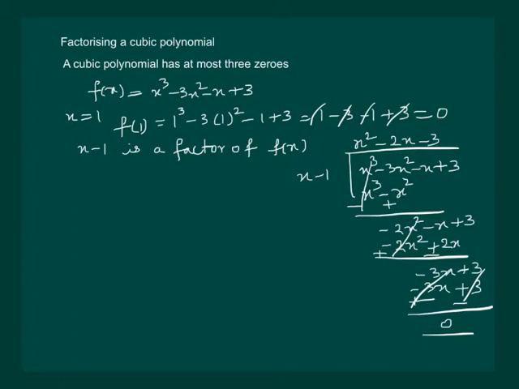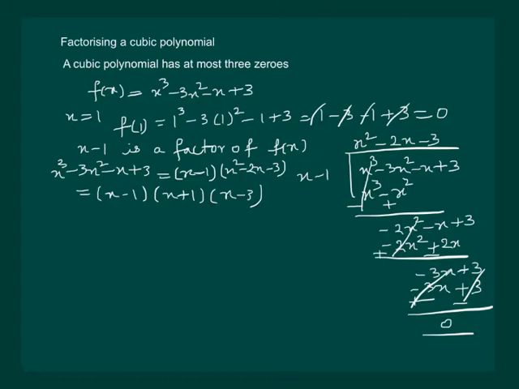So that means the other factor is x square minus 2x minus 3, and we can write the cubic polynomial as a linear polynomial multiplied by a quadratic polynomial. We can factorize this further. We know by the middle term split method. After doing that, we get x minus 1, x plus 1 and x minus 3 as the 3 factors of the cubic polynomial.